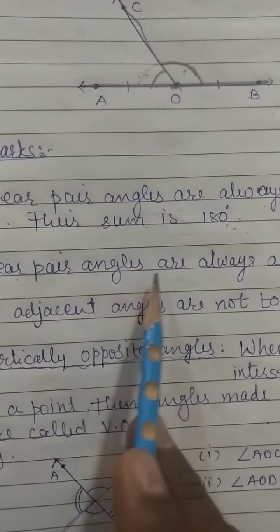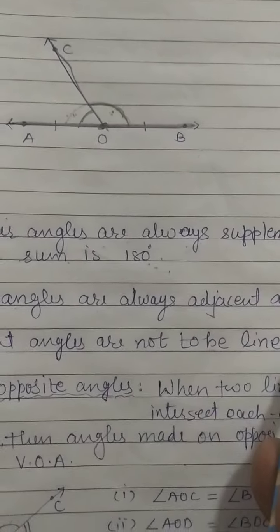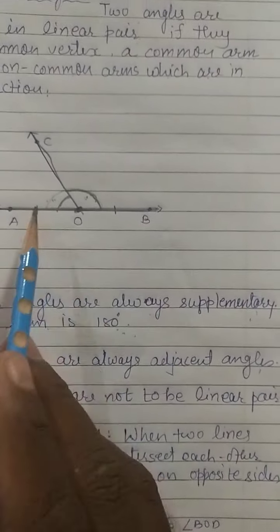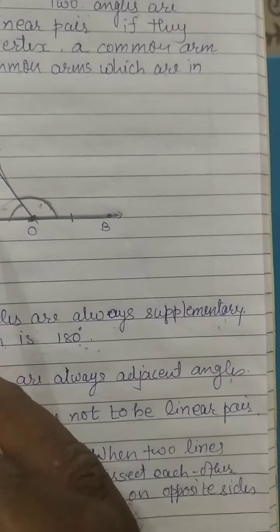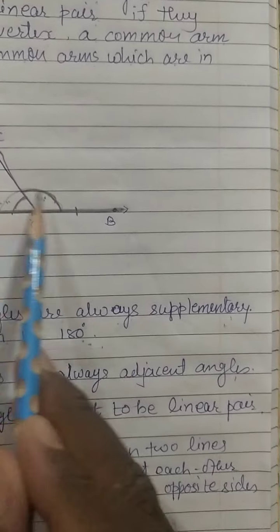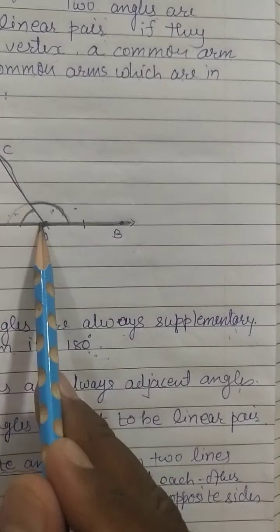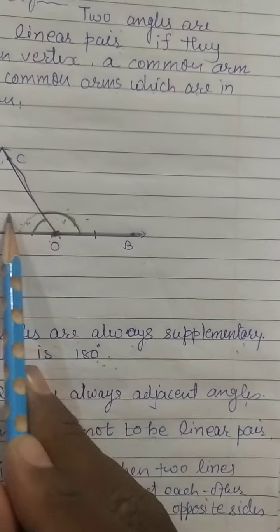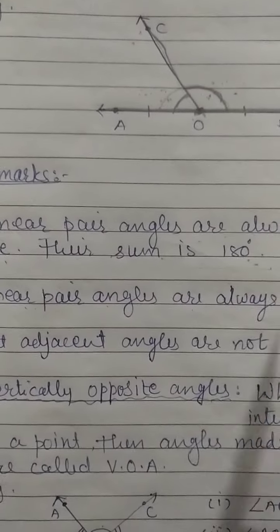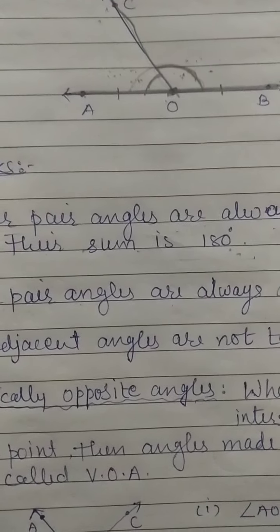Okay, linear pair angles are always adjacent. You can check here, angle AOC and angle BOC both are separated by a common arm, that is, they are the nearby angles. So you can say they are adjacent angles.